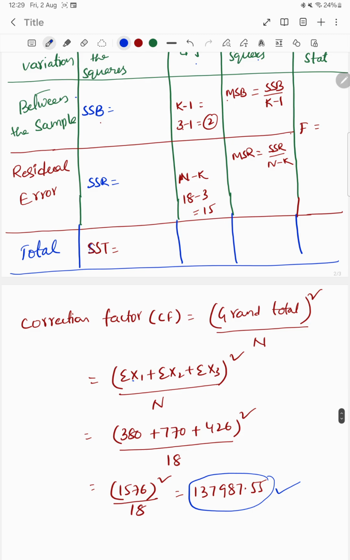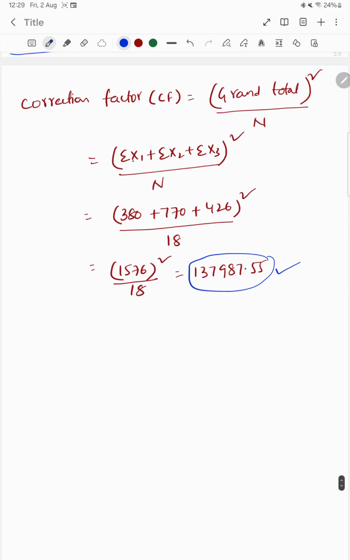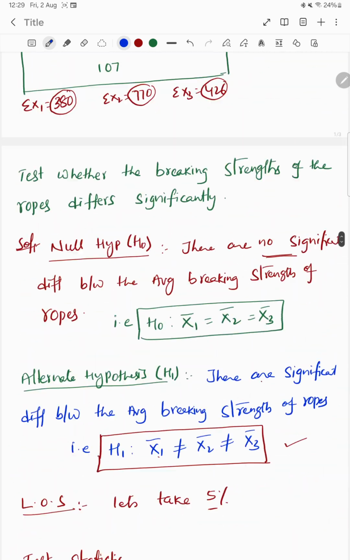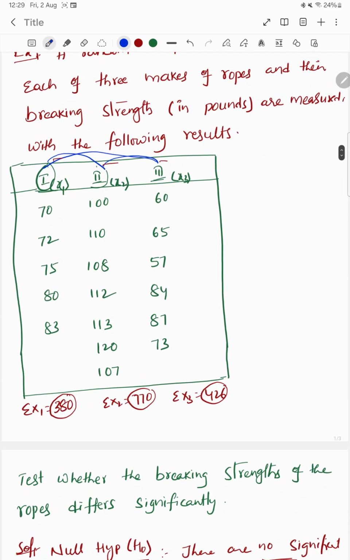Now we are going to calculate SSB. See, we have 3 samples, that is our problem. So here SSB is calculated by: the first sample we have assumed as x1, so summation of x1 whole square by how many subsamples are there in sample 1? 1, 2, 3, 4, 5.